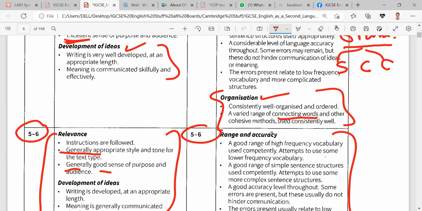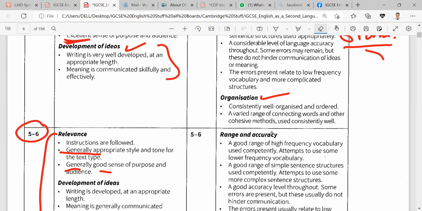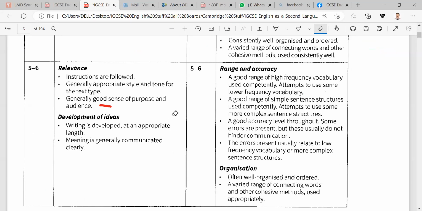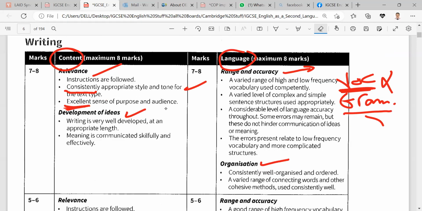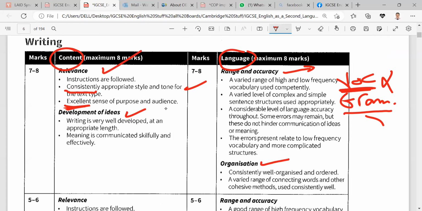In this way, you help the examiner to follow your ideas. Okay? This is just in brief what we mentioned at the beginning of our session. Here it is the same, but the examiner showed the full mark. Here you have 8 marks for the content and 8 marks for language.